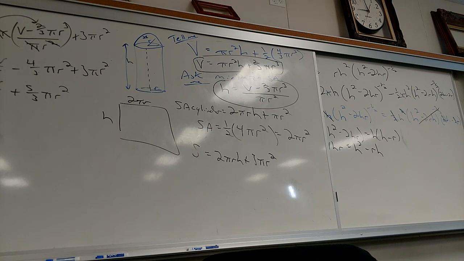Get an equation for blank, take the derivative of blank, find the critical numbers. That process doesn't care that there were a lot of weird parts to it. It says make the function and then attack it with a derivative. So remember what I said here, something over r, the derivative is going to be negative that over r squared. And then this is going to be nice.